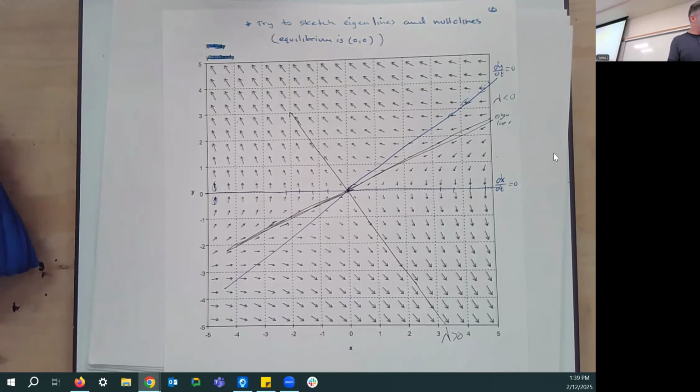In the most recent section, 10.1, he does assign a few problems where you're given a system of differential equations and you're supposed to construct the phase plane, including the null lines. I would also encourage you to draw the eigenlines, but that does mean you have to do the work of finding the eigenvalues and the eigenvectors.